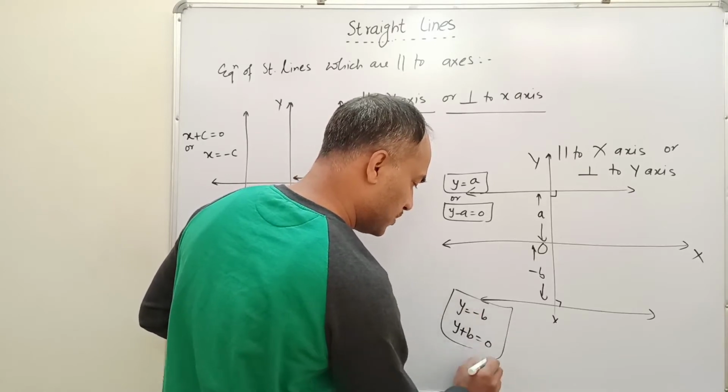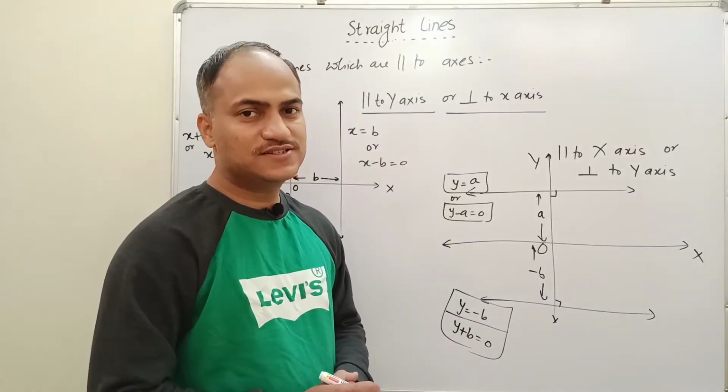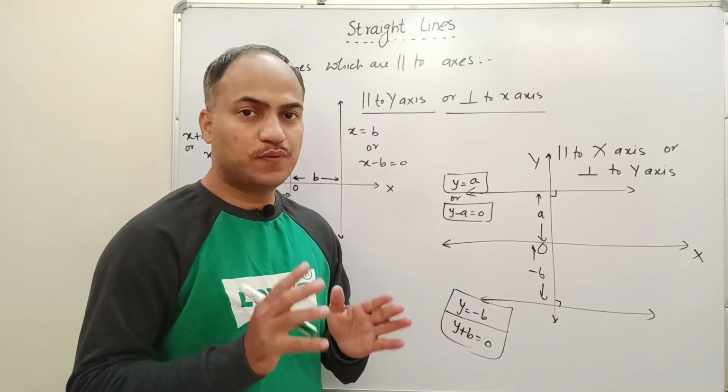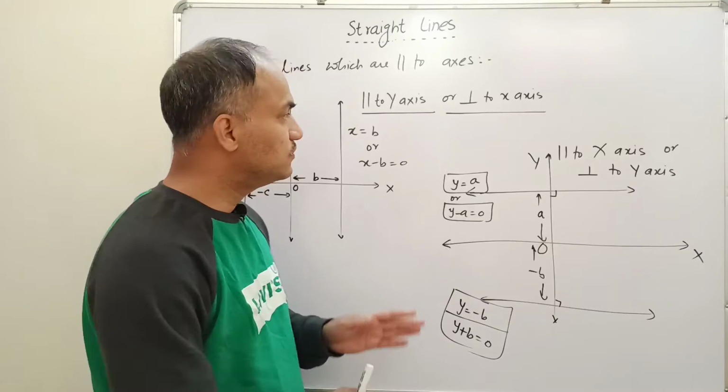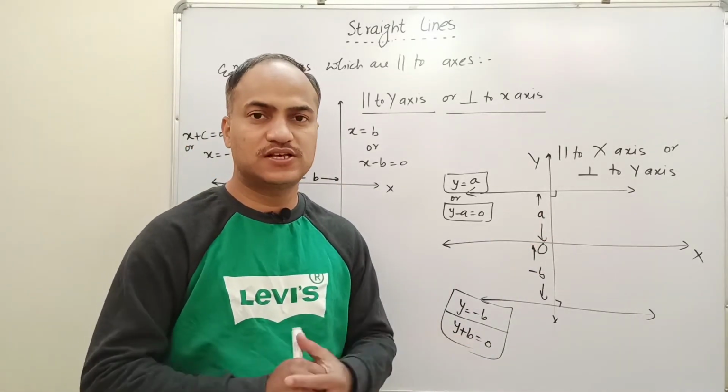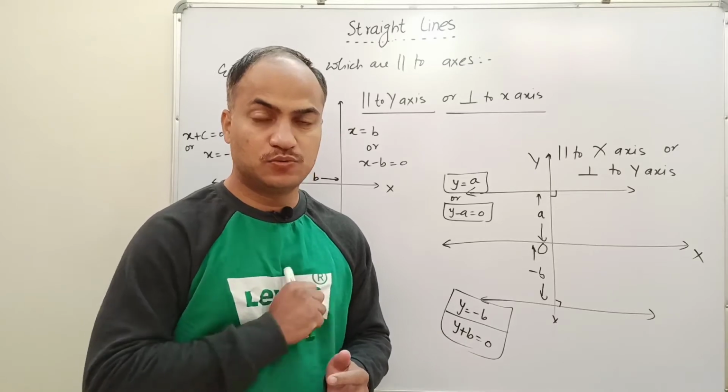So these are two different forms of equations in such a case. With the help of this concept, we can find equations of straight lines which are parallel to the y-axis or x-axis.